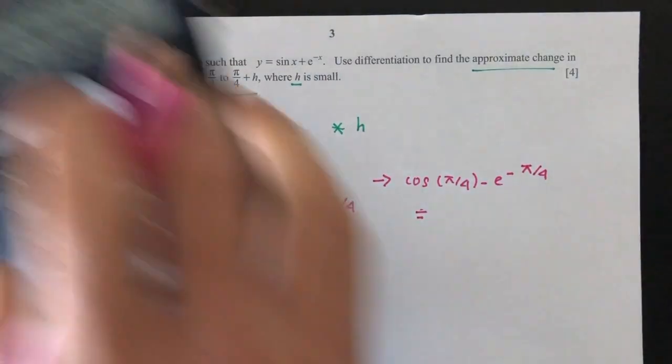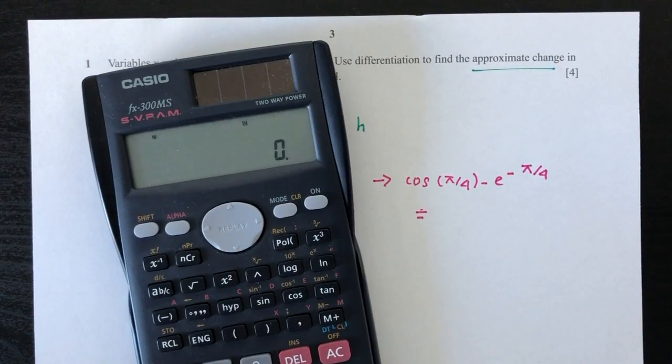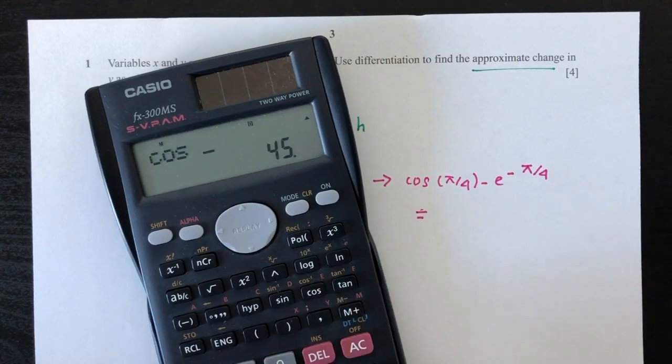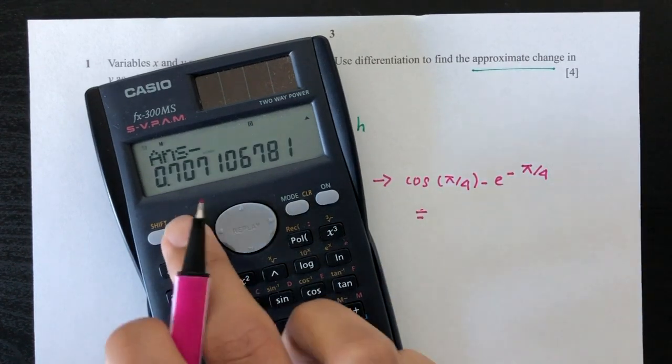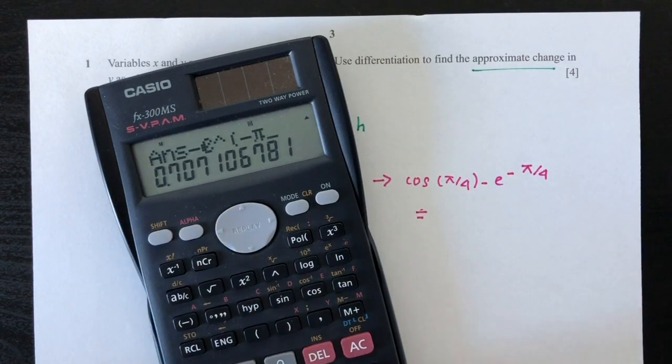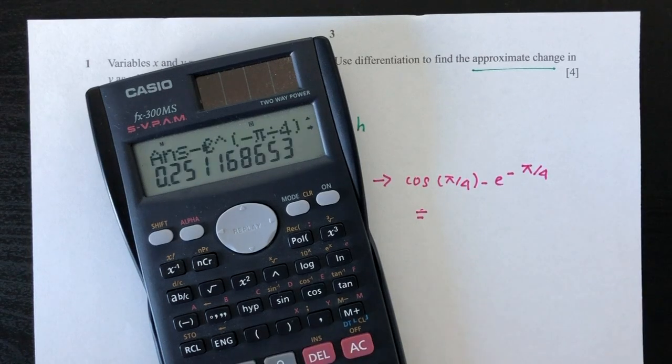Let's find out. First, we know pi is 180, divided by 4 is 45, so cos of 45 minus e to the power of minus pi divided by 4.